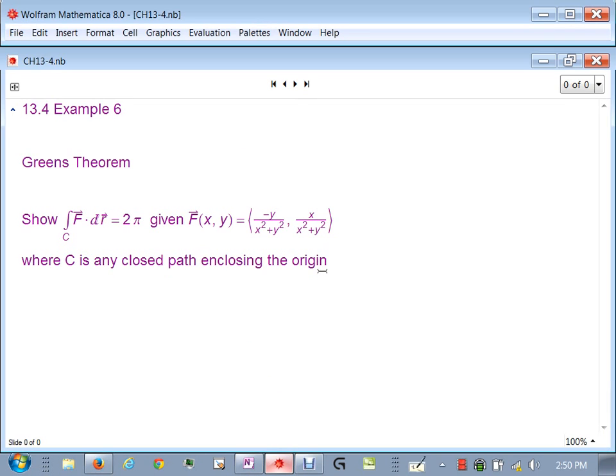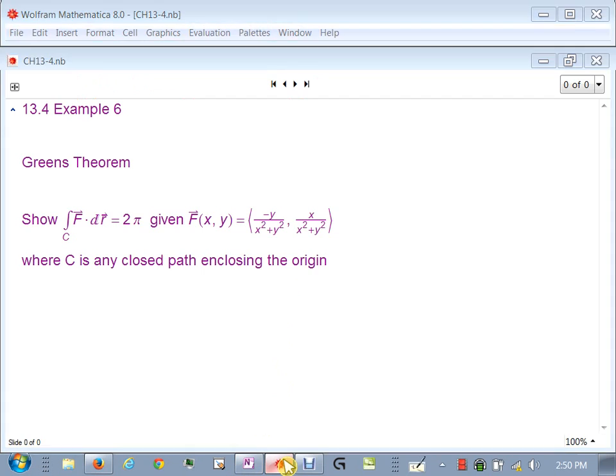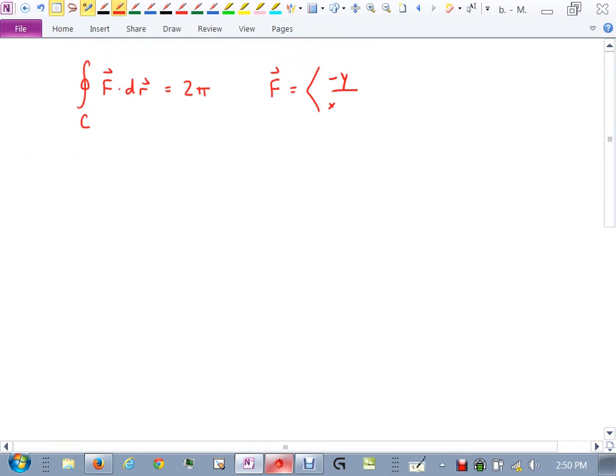Okay, so we're trying to show this. I'm gonna write this down. We're trying to show that the line integral of the closed curve C of f dot dr is equal to 2 pi, where f is negative y over x squared plus y squared, x over x squared plus y squared, where C is any closed path that includes the origin, encloses the origin.